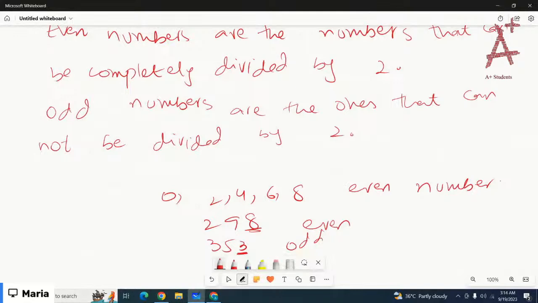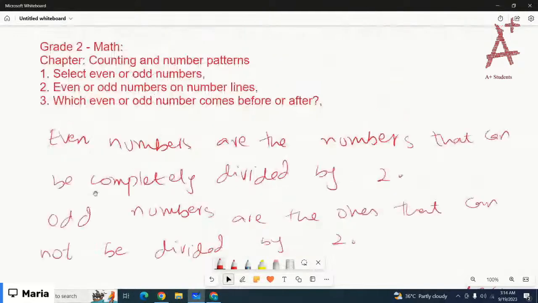We're going to start with the lesson. The lesson name is select even or odd numbers. You are given questions, and you have to select the even and odd numbers from the questions.